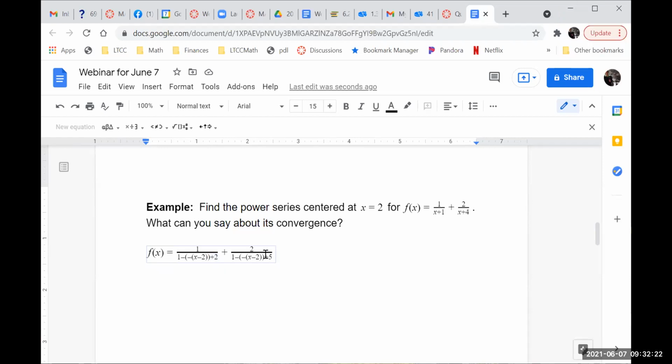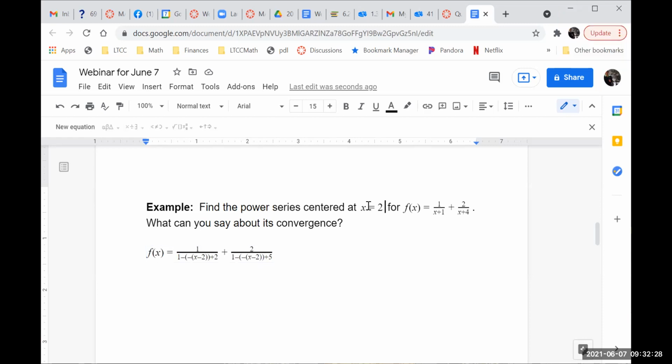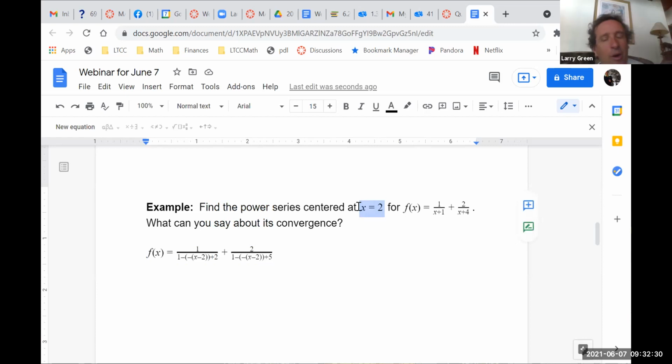But I'll let you know it's always the same trick when you're doing geometric power series centered somewhere else. It's exactly the same thing. You always blindly write 1 minus parenthesis. If this is a plus x, then you make this a minus x. If this were, say, 4 minus x, then I wouldn't have to have a double negative. Do you see?